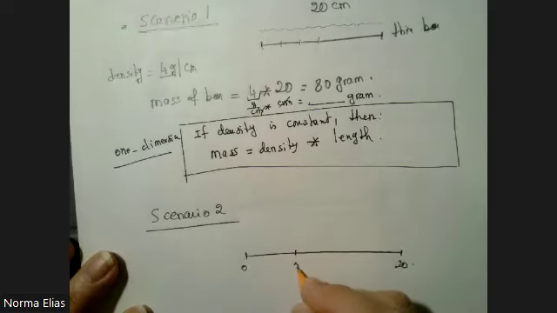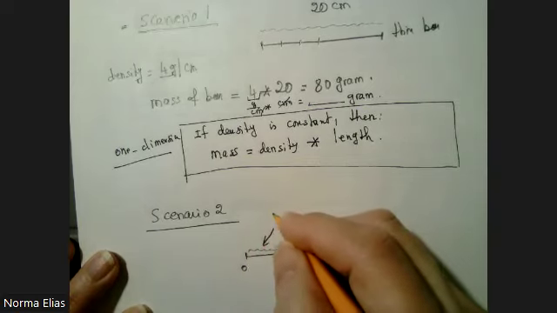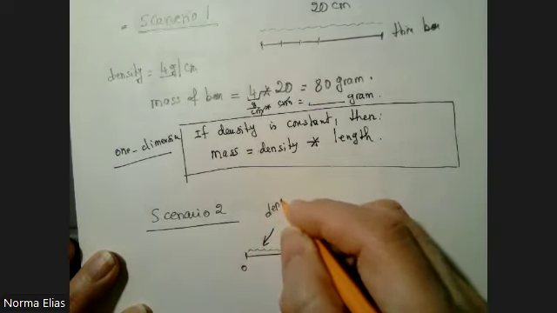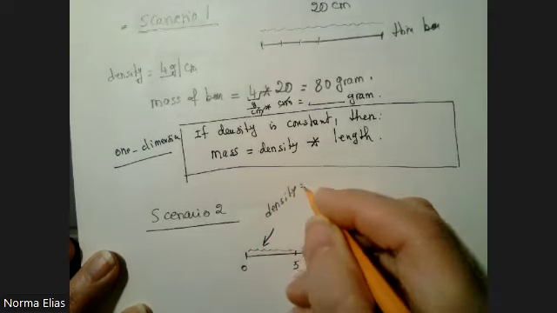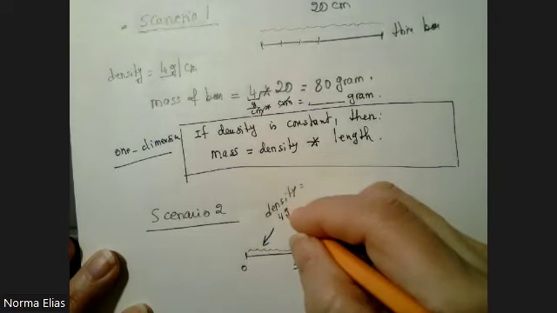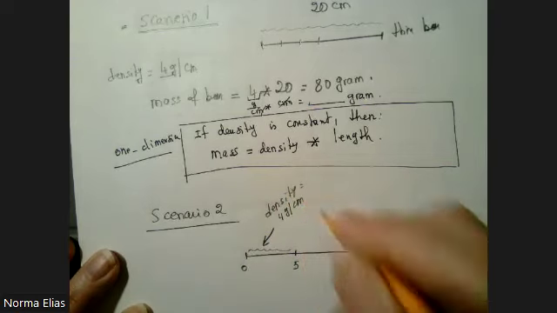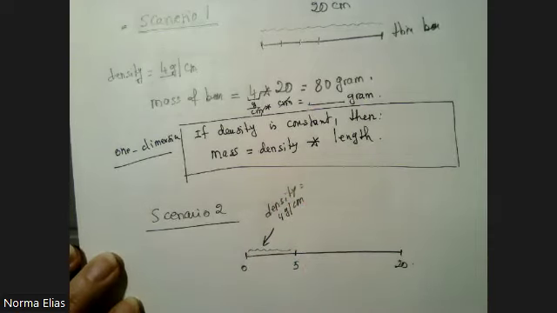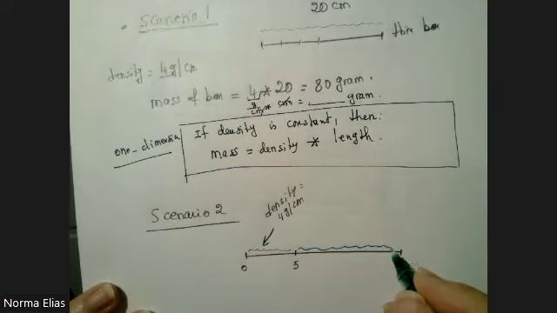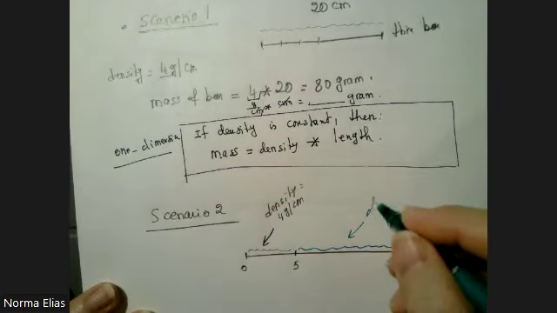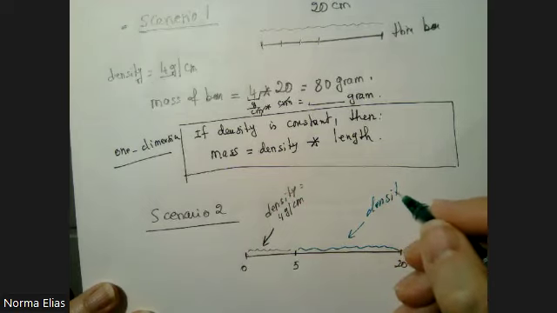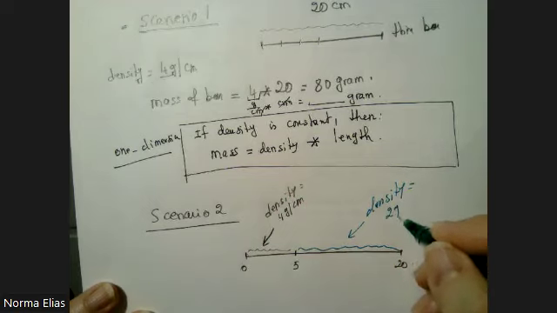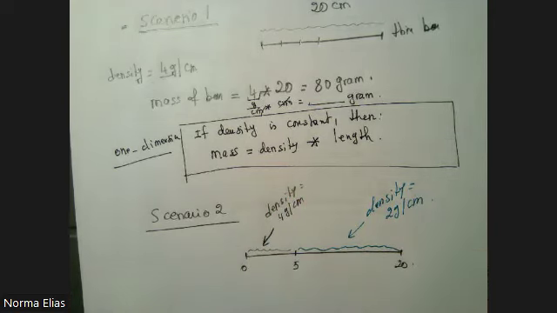Up to here, right here, you have one metal, and the density here is 4 grams per centimeter. And this piece here I changed, it's a different kind of metal. The density of this piece is 2 grams per centimeter.